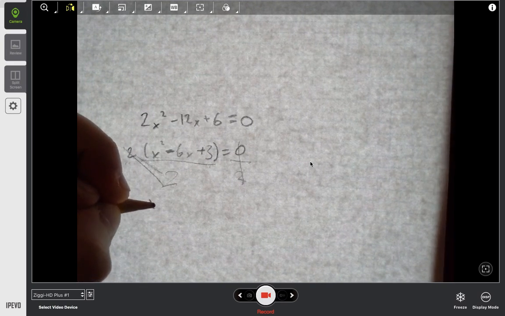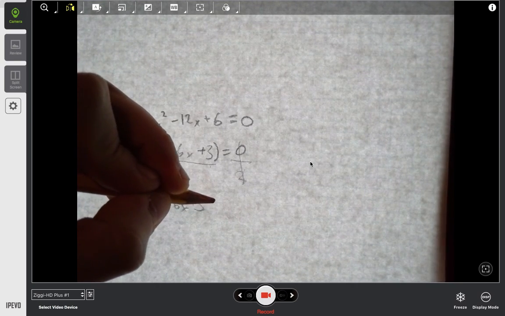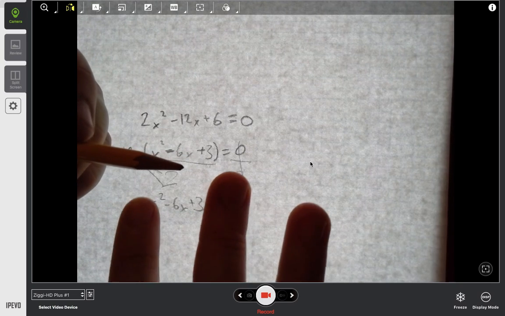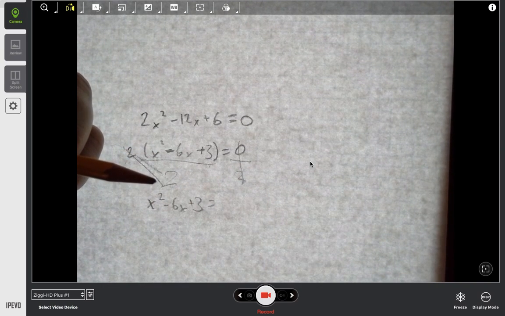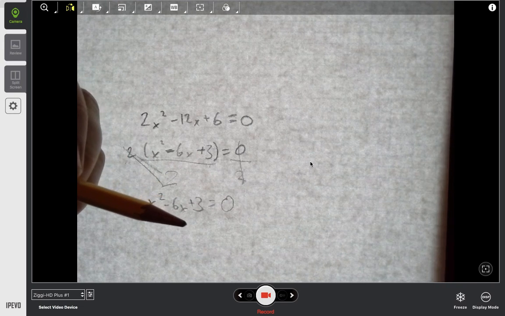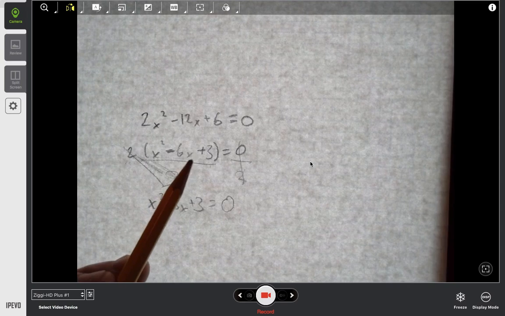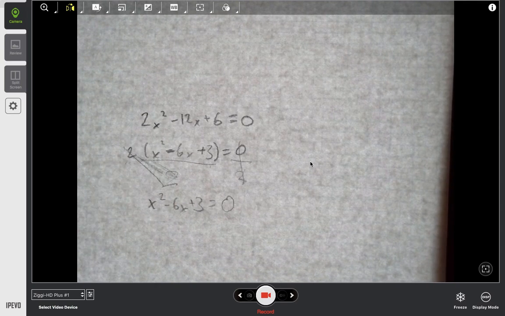So I'm left with x squared minus 6x plus 3. And then 0 divided by 2, as long as I do the same thing to both sides, it'll always be equal. Well, 0 divided by 2 is just 0. Nothing changed over there. So I was able to cancel that 2 out entirely, not even just GCF factoring it out of there.